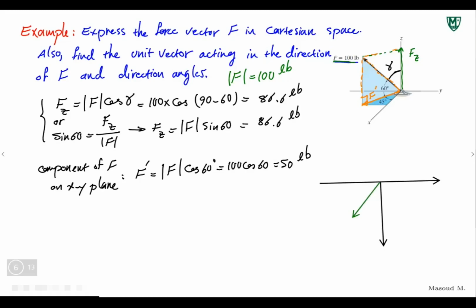This angle here is 45 degrees, and to get a better sense, this is Y, this is X. I'm looking at this from the top, in the XY plane. So in the XY plane, this is F prime, and this is 45 degrees.